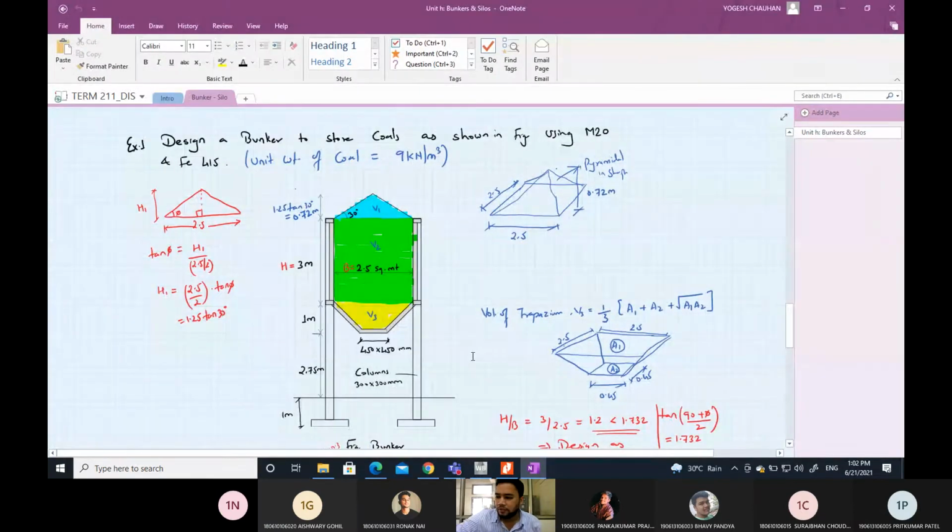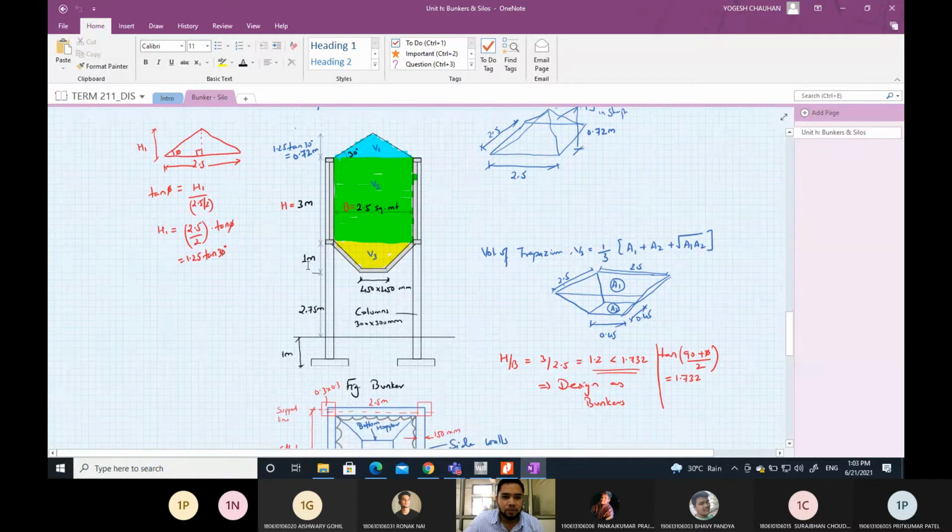So in the previous class, we started with an example of the design of a bunker to store coal. The dimensions of the bunker were given to us. The height of the side walls was 3 meter, and the surcharge angle was 30 degree, and the depth of the bottom hopper was 1 meter, and there was an opening of 450 by 450 at the bottom of the hopper, and the clearance was 2.75 meter from the ground level, and the depth of the foundation was 1 meter.